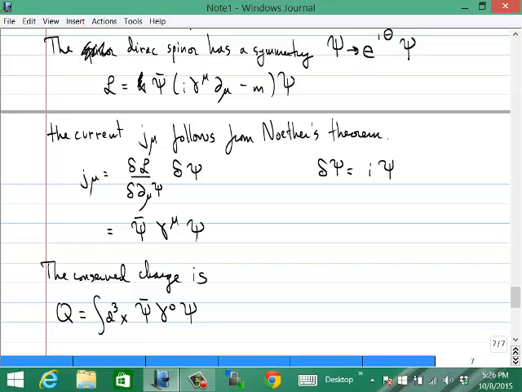In order to compute this, let's just write this out explicitly in terms of our raising and lowering operators. So what do you do?